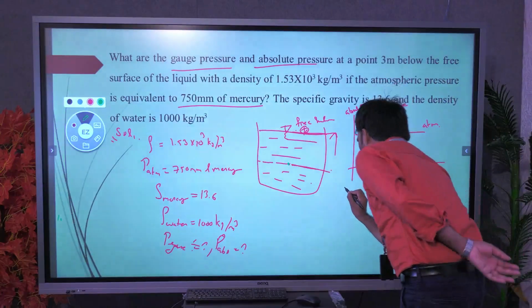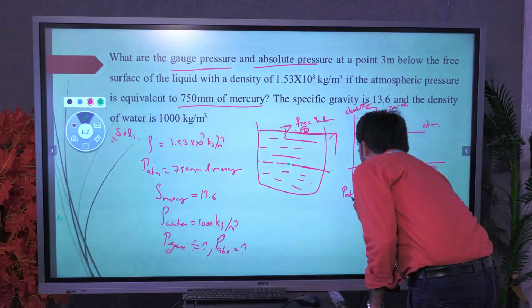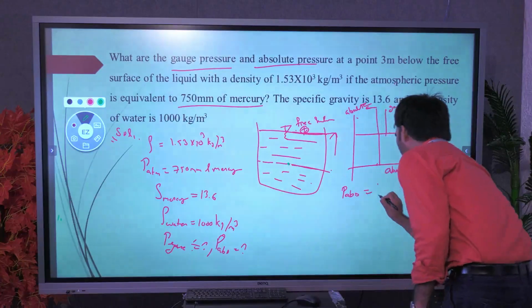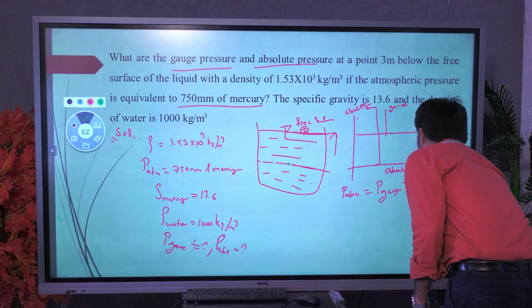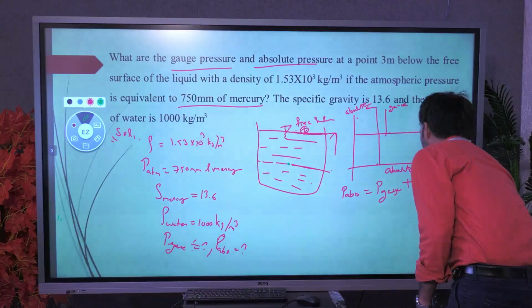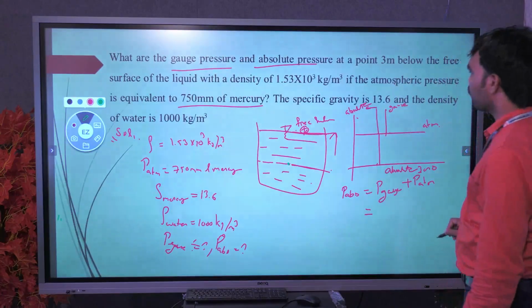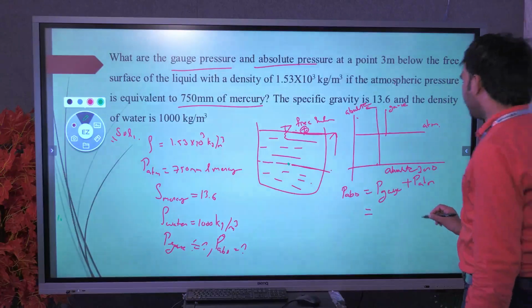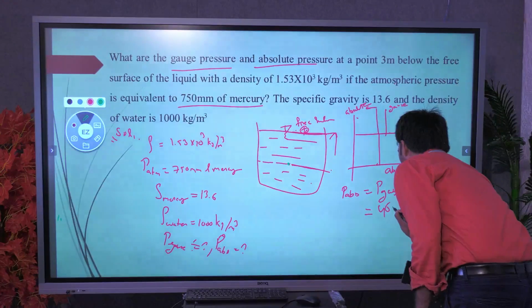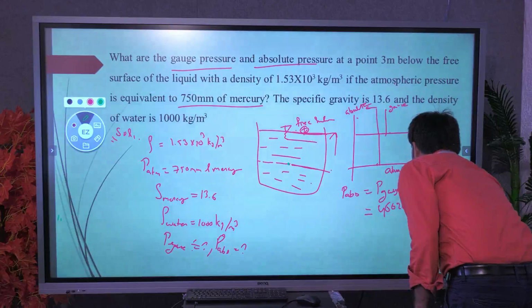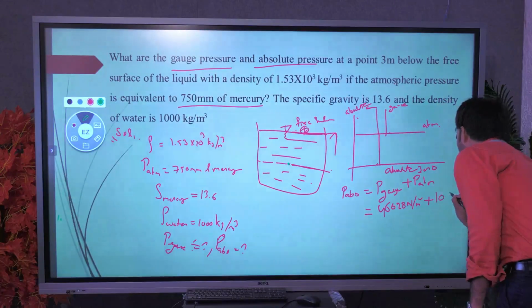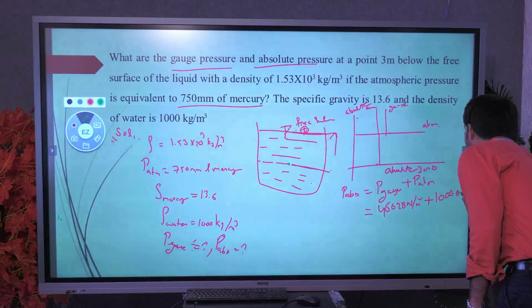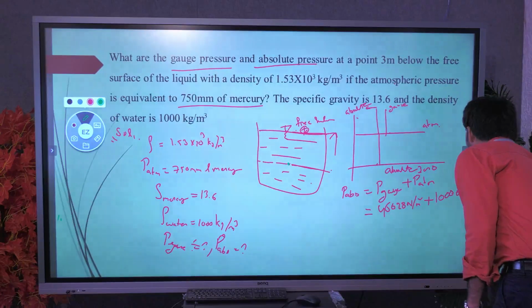So P absolute will be equal to P gauge plus P atmospheric. P gauge we got around 45,028 Newton per meter square, plus atmospheric pressure, 1,62,000 Newton per meter square.